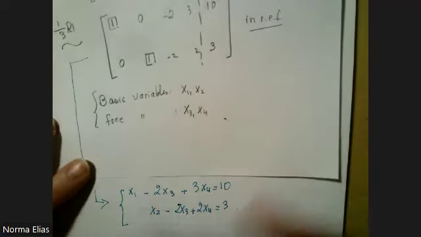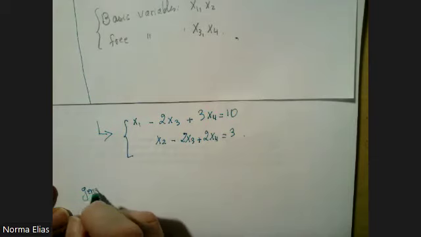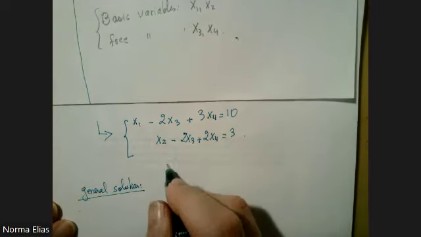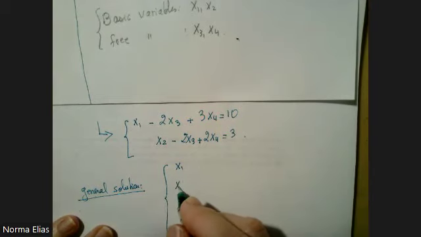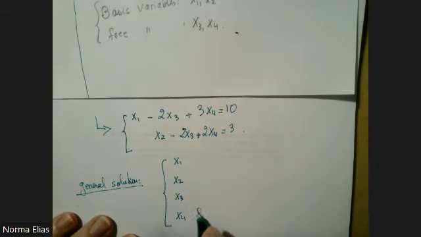Now we are ready to write the general solution. So here we go. So the general solution. I want x1, I want x2, I want x3, I want x4. That's how we write it. x4 is free.